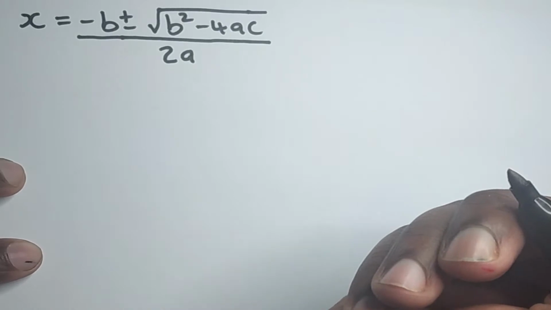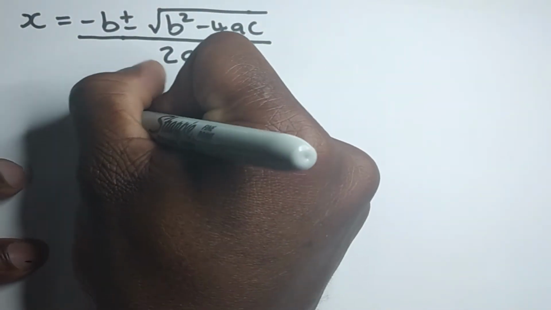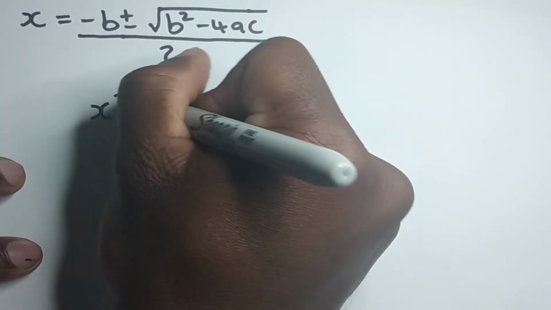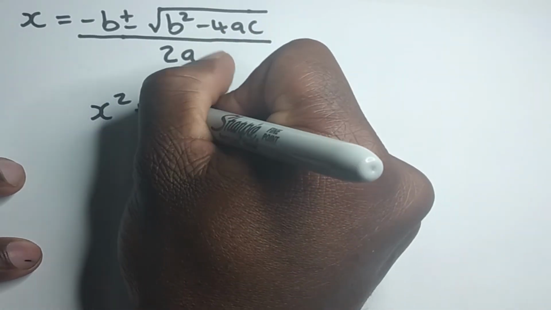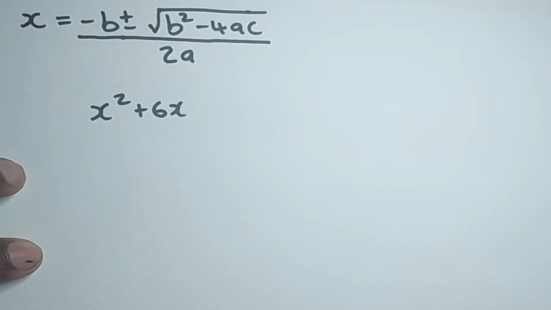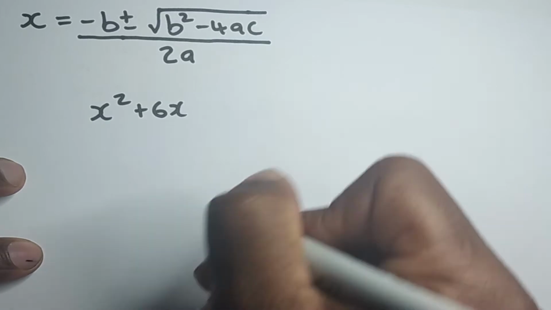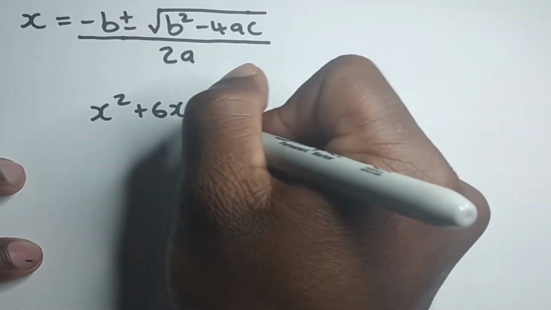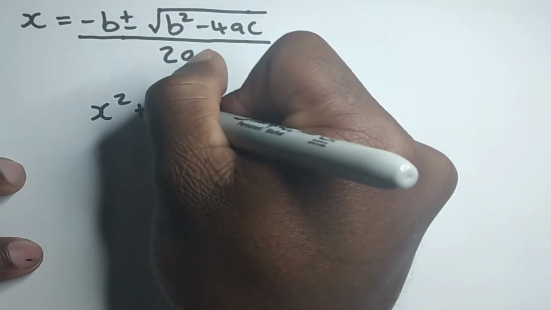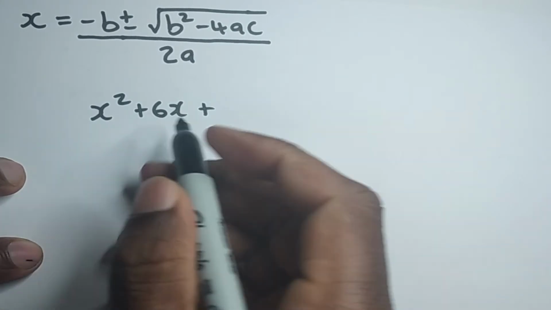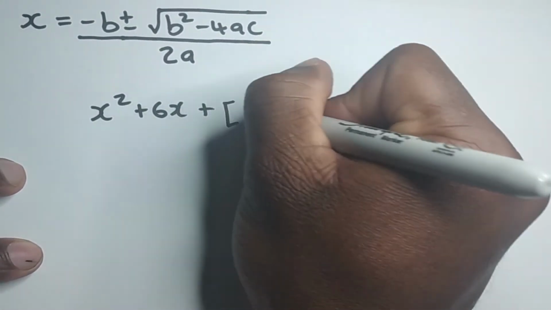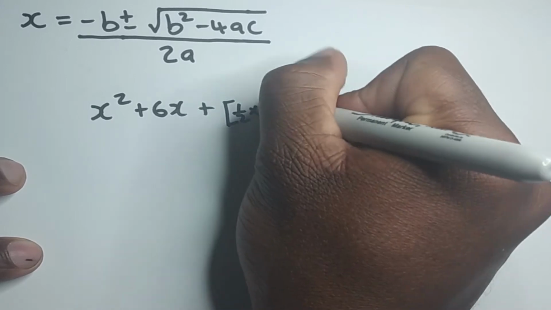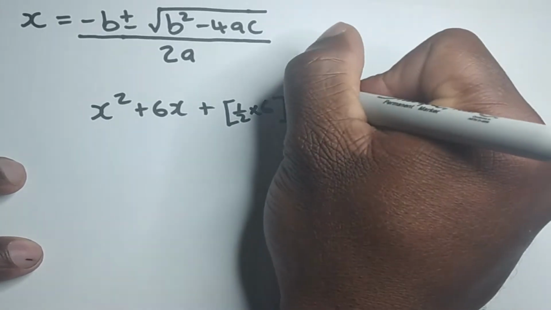So let's say we had x squared plus, let's say, 6x. Now I can make this a perfect square by simply adding half the coefficient of the x term, so half of 6, and then squared.